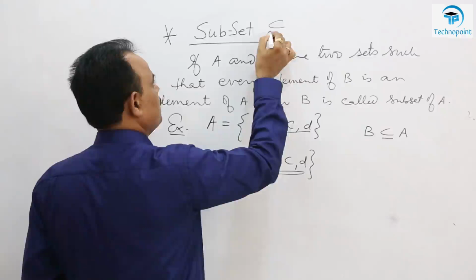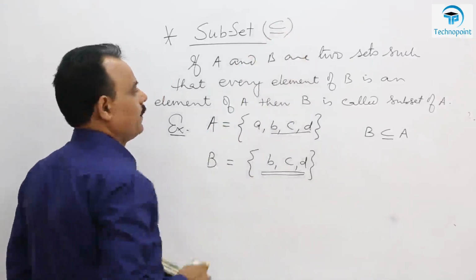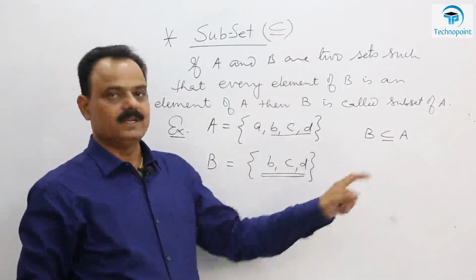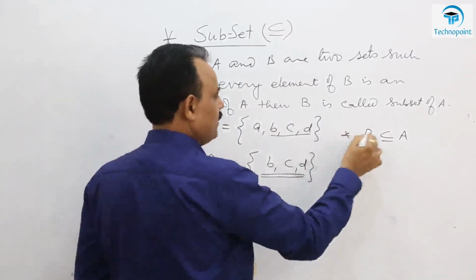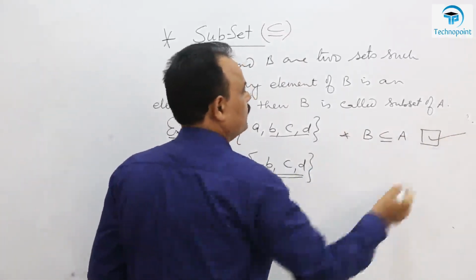This is the symbol of subset. B is a subset of A. Is it correct? Obviously, this is correct.